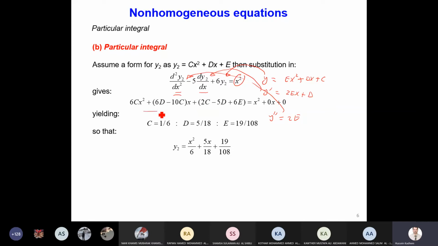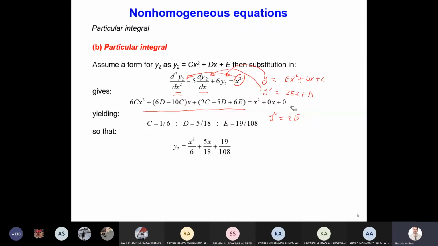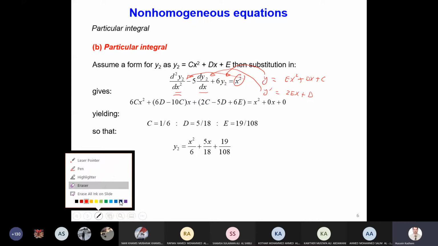So when I substitute them, it equals x squared. Where is x? Where is the constant? They are not there on the right, which means they are multiplied by 0. Now I will look at this equation. Let me clean it, it's not clear here. Just a minute. Okay, now let me go back.